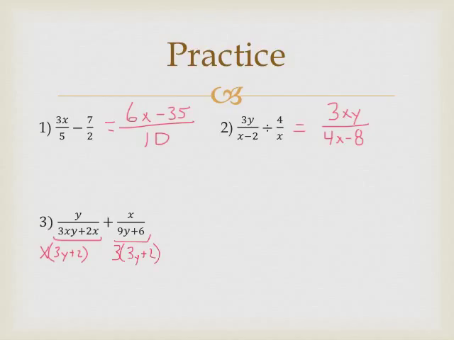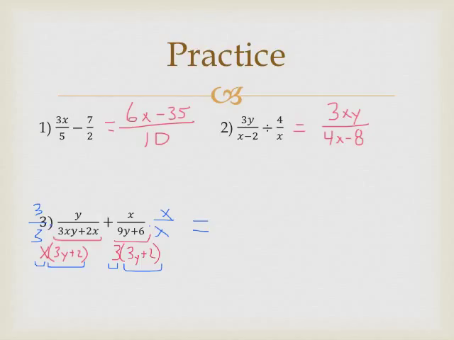So what you're going to need to do is they both have a 3y plus 2, which is nice, but this has a 3. This first term is going to need a 3, so we're going to multiply by 3 over 3. And this term has an x, this term is going to need an x, so we're going to multiply by x over x. Okay? So try that, get that common denominator, pause again if you didn't get it.